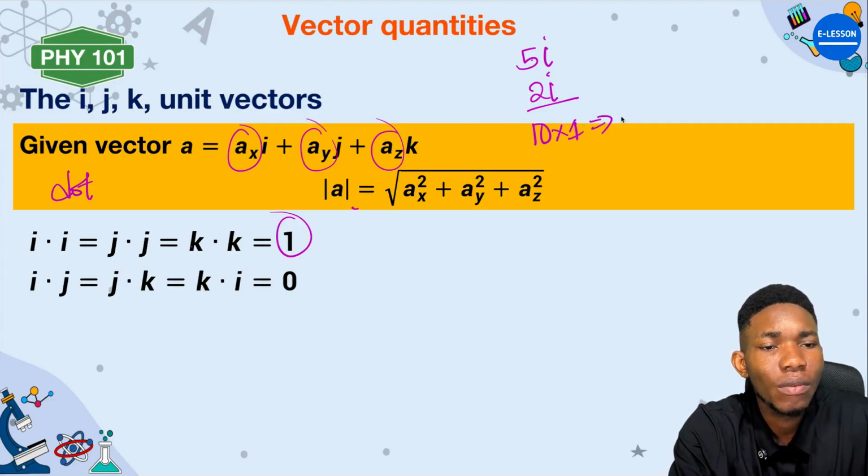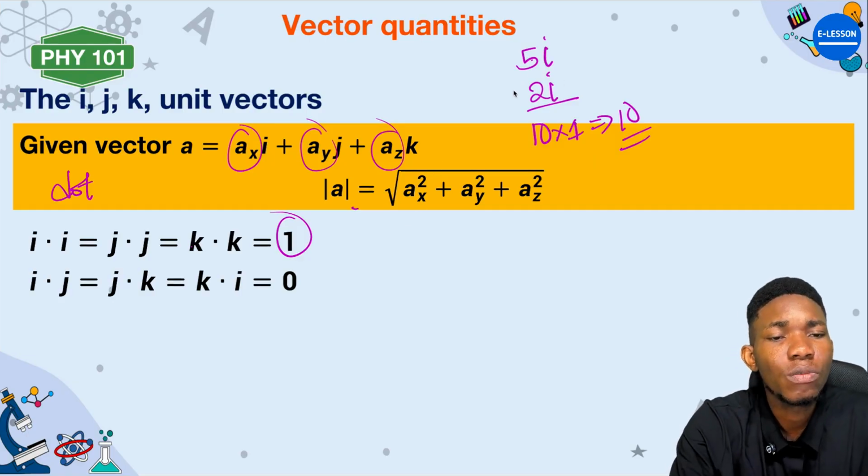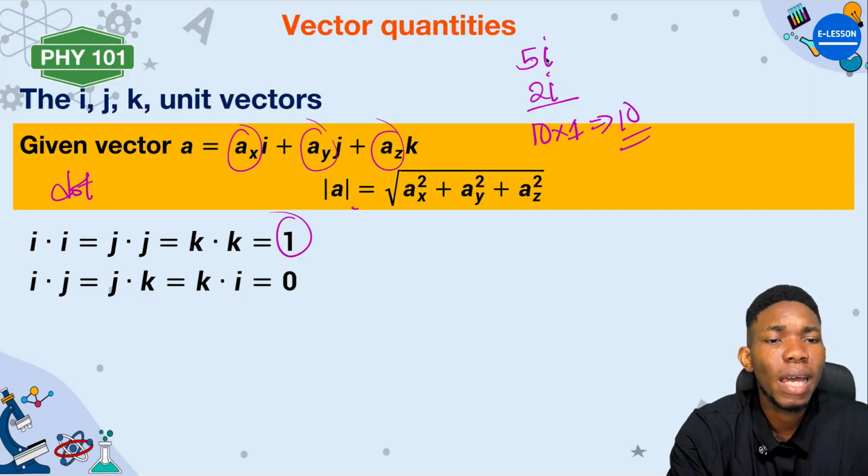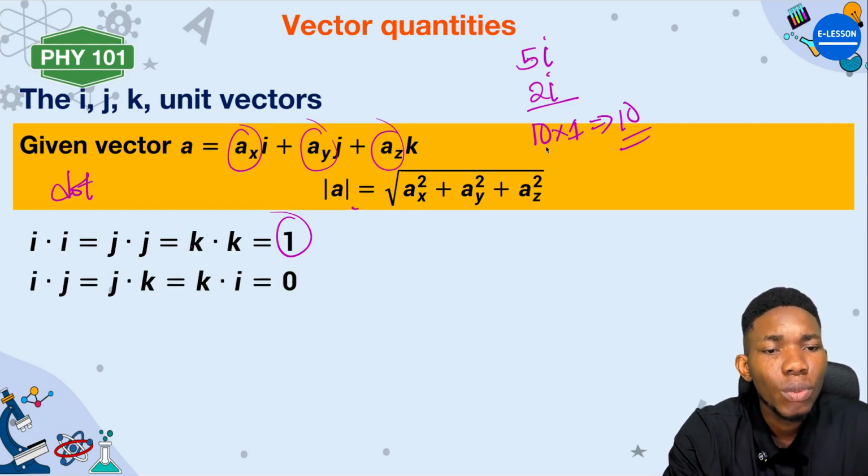And 10 times 1 will give us how many, my dear students? 10. So when you see something like that, they say find the dot product. You don't need to just be multiplying the I times I to give us I squared. Just 5 times 2 will give us 10, because you already know that I dot I will give us 1. I squared is 1 in vector dot product, which is I dot I.